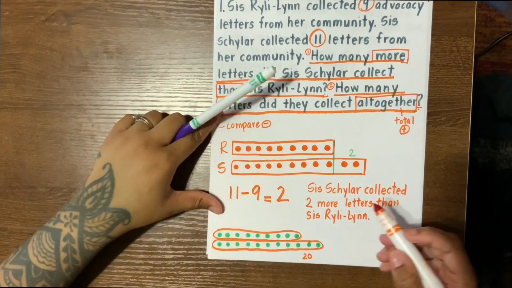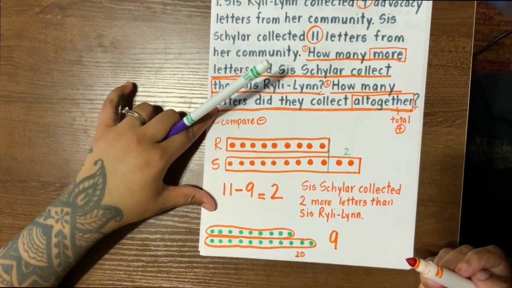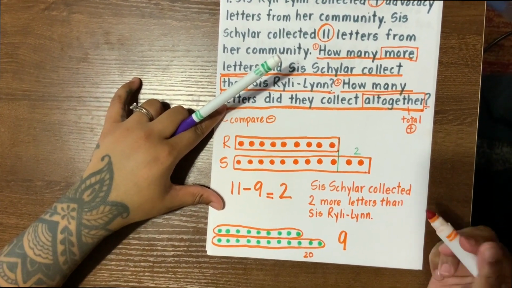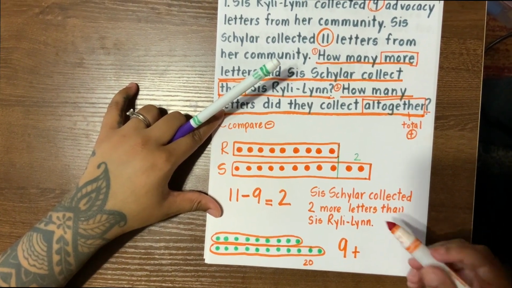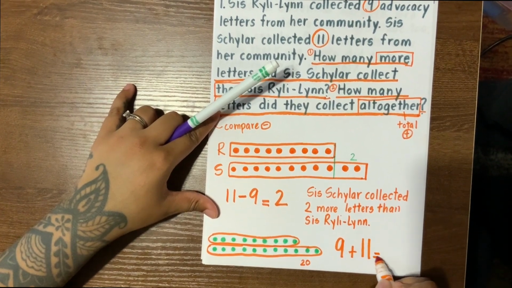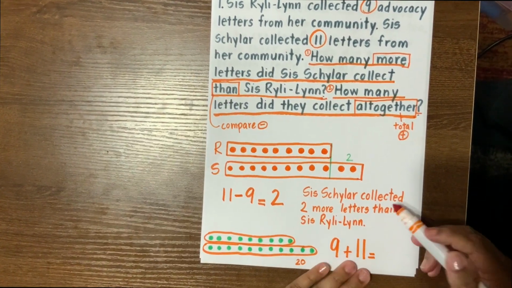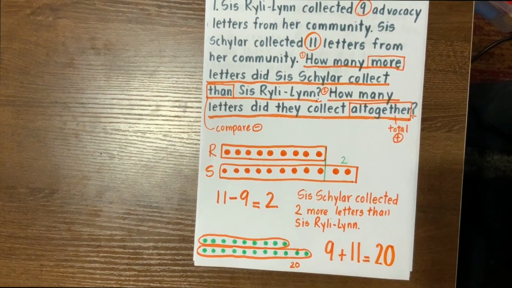So our first part was what, congregation? 9. Very good. When we find the total or do addition, what is our symbol? The plus sign. And then what's our second part? 11. Very good. And we know from drawing our model and from counting them all together that our answer is 20.